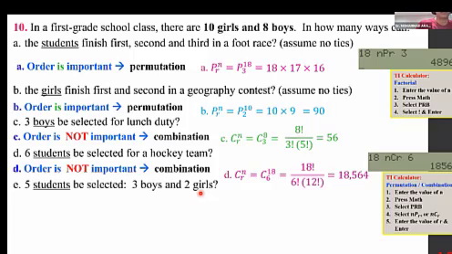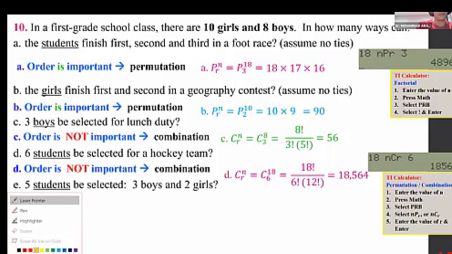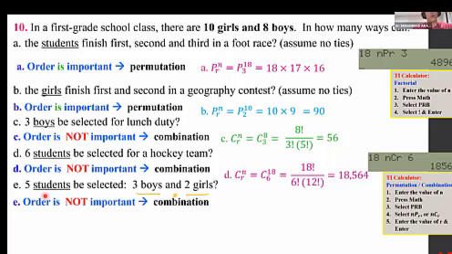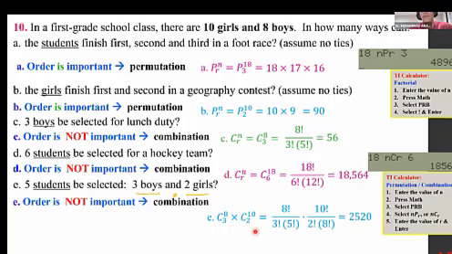Order is not important, so each one is a combination. Multiply the 2, the product of these 2, so you really have 2 spots. Combination of 8, choose 3. Combination of 10, choose 2. The product, use a calculator, come up with the answer.